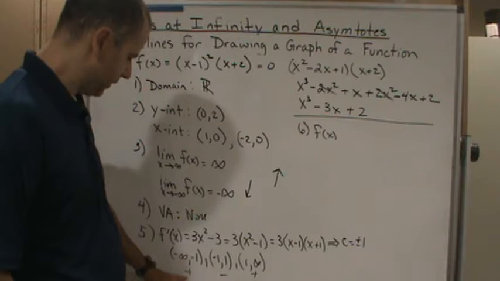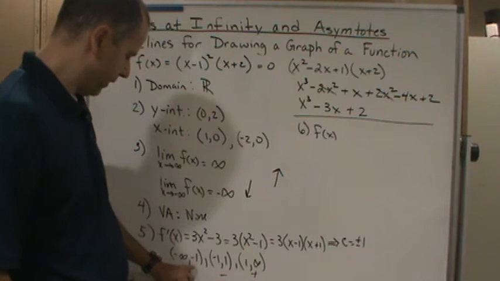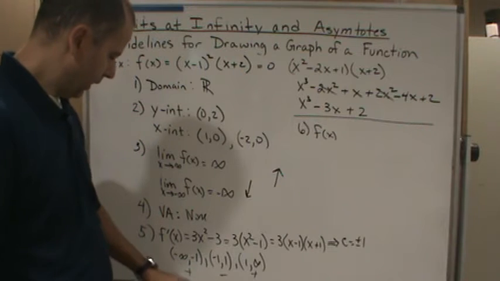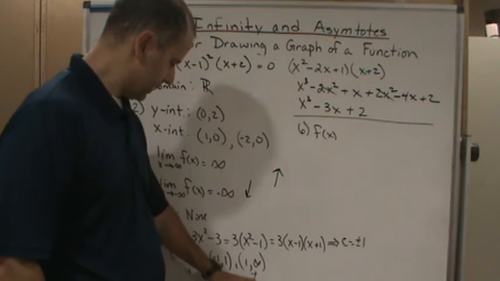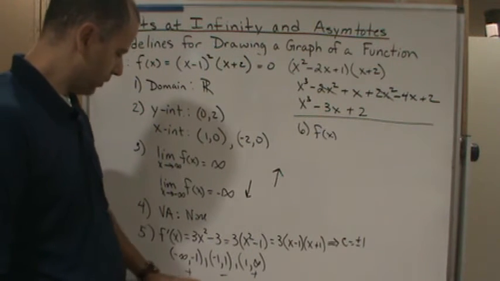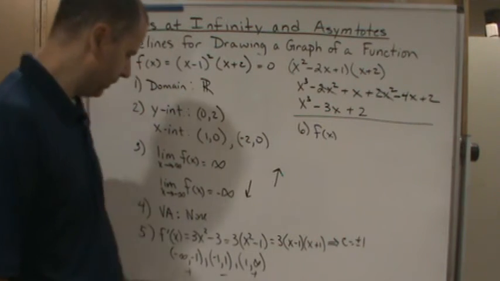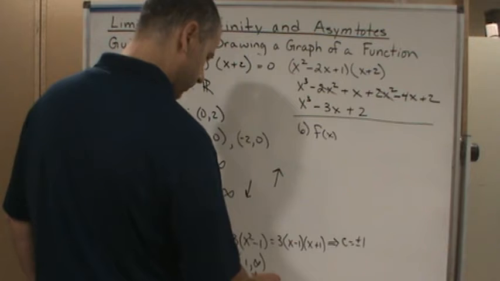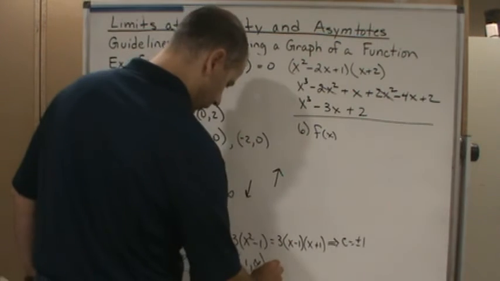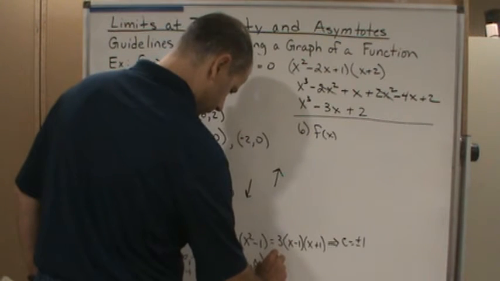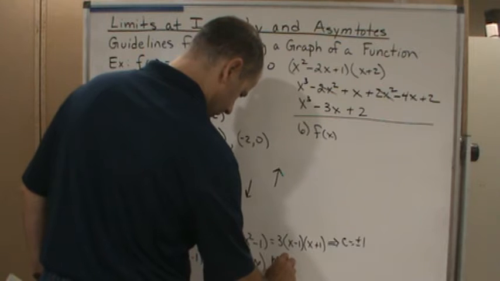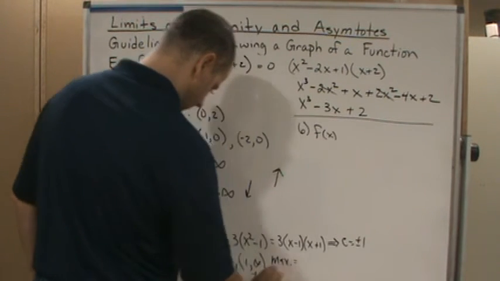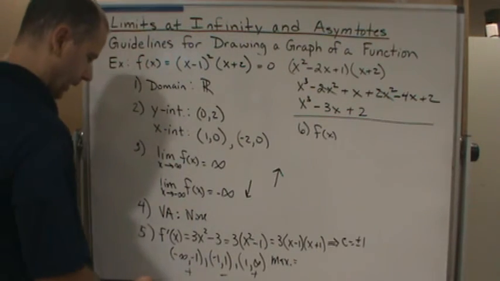It goes from positive to negative, so we have a local maximum at negative 1, and then it goes from negative to positive at positive 1, so we know we have a local minimum at positive 1. Okay, so we can also write that down. So we got a maximum at negative 1.